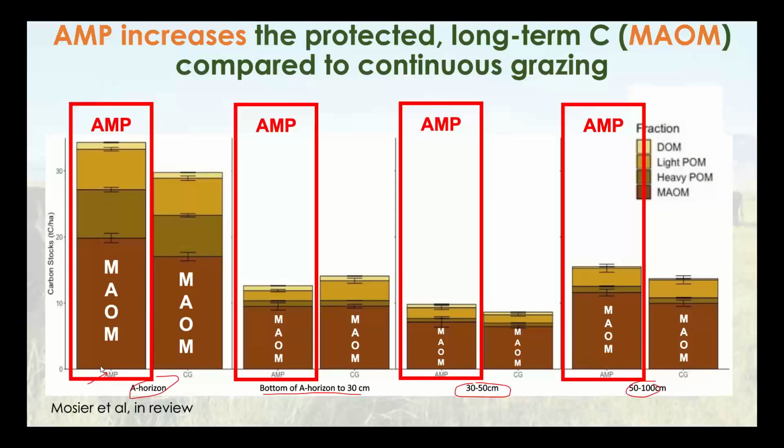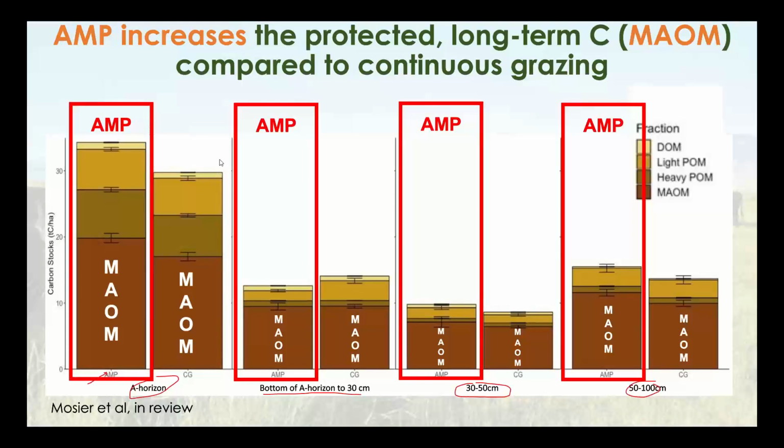And what you'll see is across all of the depths, except for the bottom of A to 30 centimeter horizon, the AMP system had more MOM than the continuous grazing system. And so this suggested that AMP grazing at nearly all depths increased the amount of that protected long-term carbon in the soil.